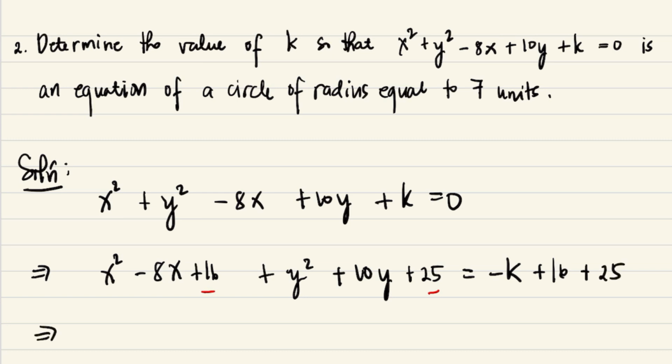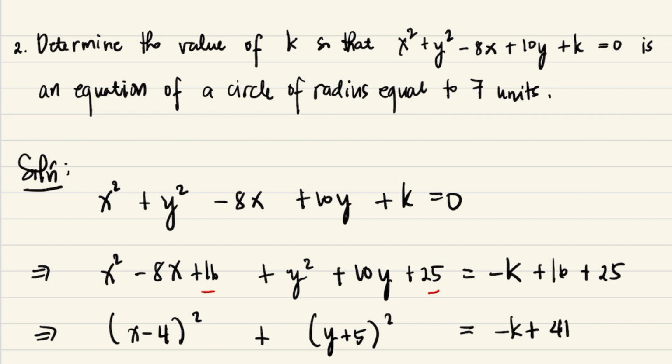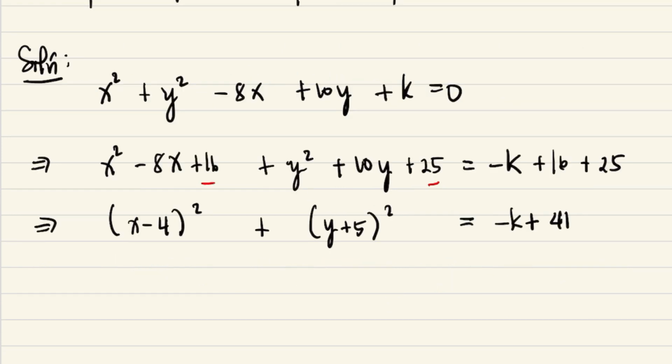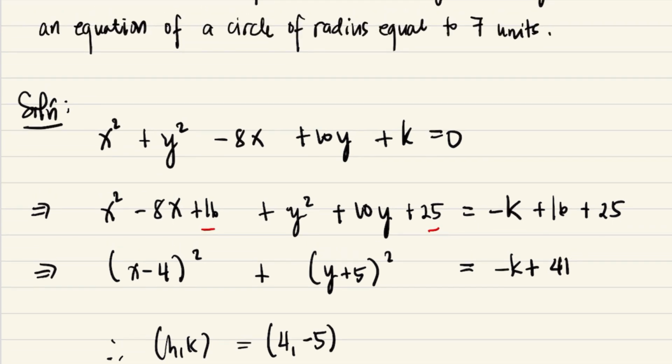Since this is now a perfect square, I would have (x minus 4) squared plus (y plus 5) squared equals minus k plus 41. So this means my center (h, k) is (4, negative 5). However, in this case we're not concerned with the center of the circle.